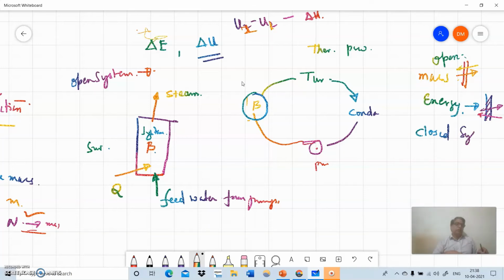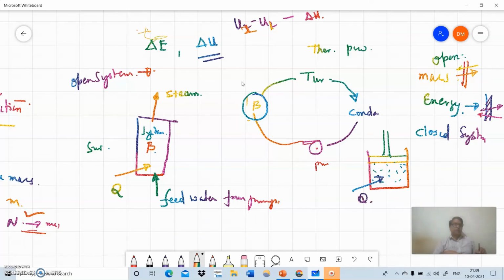For example, for a closed system I will take a cylinder with a piston, right? There is no mass transfer across it, and there is some trapped gas, and we provide heat to this.